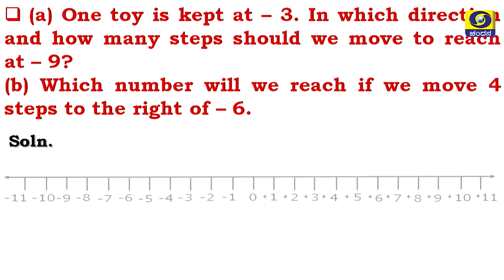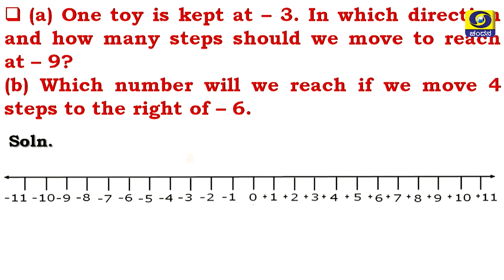Solution, this is the number line. Okay, this is the toy. First question, one toy is kept at -3. Which direction and how many steps should we move to reach -9? Which direction must we move? Where is -9? Here. Then we must move to the left side.